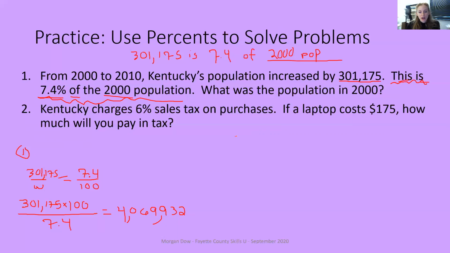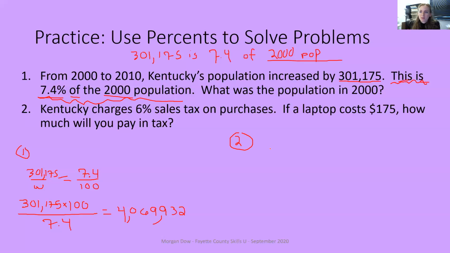All right, let's try number 2. Kentucky charges 6% sales tax on purchases. If a laptop costs $175, how much will you pay in tax? So in this problem, I look at it, it's a percent kind of problem. I see I've got this total cost of my laptop here, and I'm asked to figure out the tax.